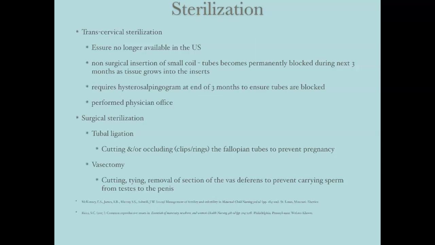You may have heard the old saying, get them cut, tied, and burned. Depending on the provider, and usually this is done by a physician because it is surgical, it's either cut, and then usually burned on the top, and then either clipped or tied with some suture.